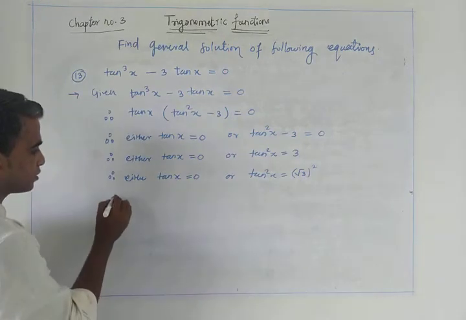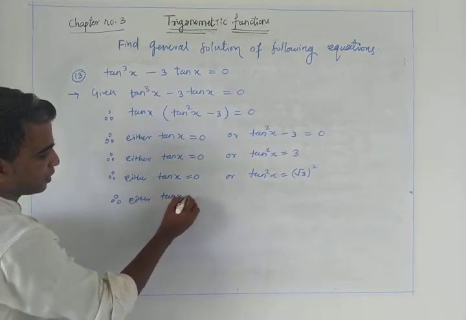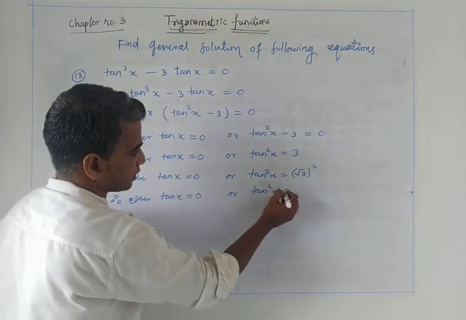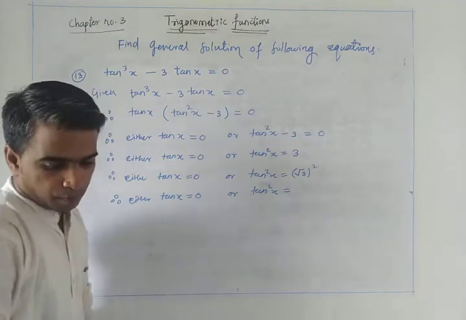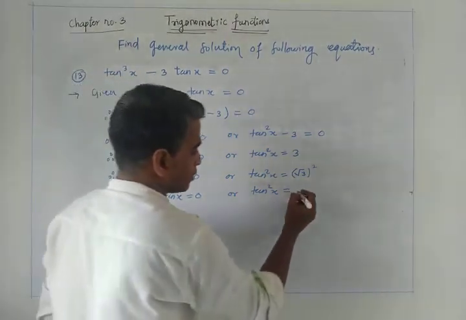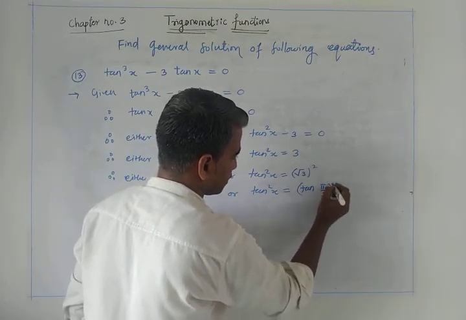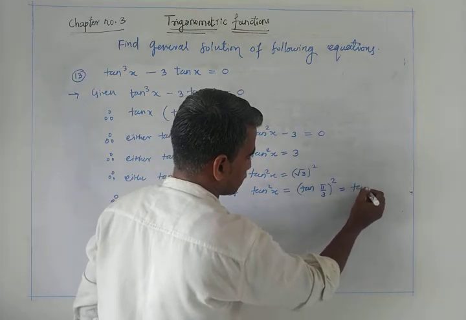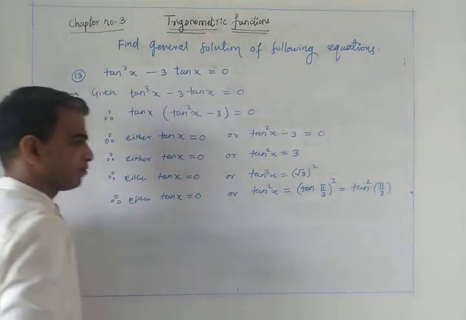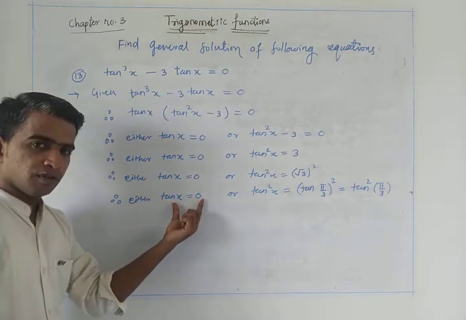We already checked such questions. So tan x is equal to 0 or tan square x is equal to now root 3 square. In tan functions we get root 3 for the angle pi by 3. So it is tan pi by 3 bracket square, that is tan square pi by 3. And now check that this is the function tan theta is equal to 0, first set.